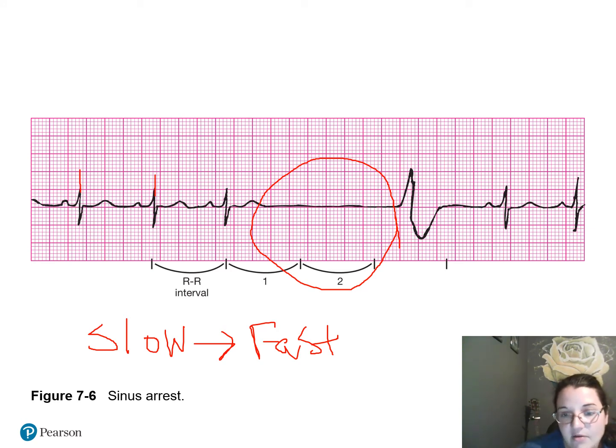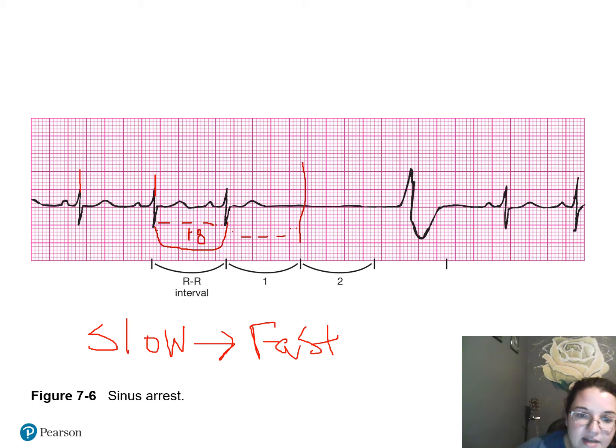But now, once you get through all that, we want to know the multiples. So if we know an R is supposed to be right here, whatever that distance is, 5, 10, 15, 16, 17, 18. We know that in 18 little boxes should be my next R. So 5, 10, 15, 16, 17, 18. This is where my next R should have come.